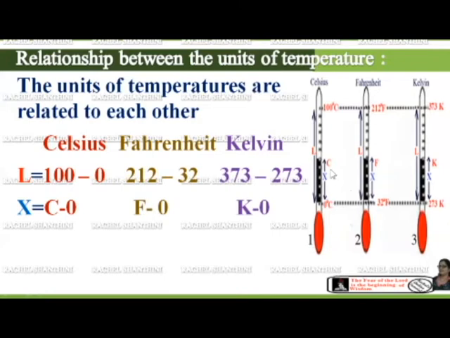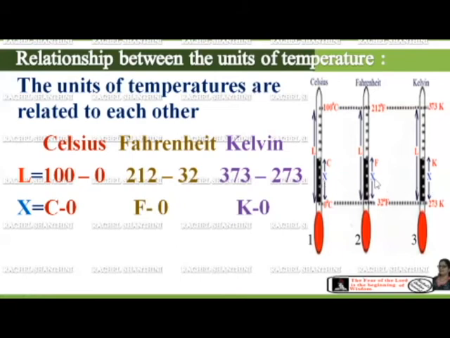Let us mark the upper point C in Celsius, F in Fahrenheit, and K in Kelvin scale. When you notice, the distance between this upper point and the lower point is also the same in all the three apparatus.